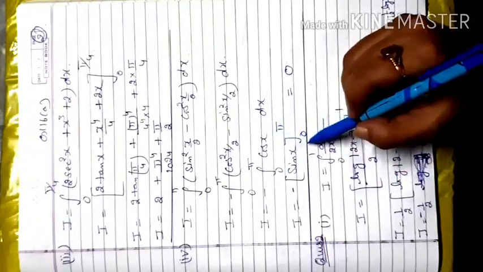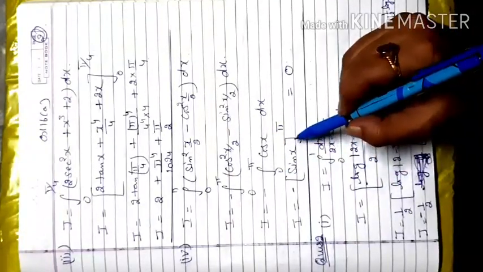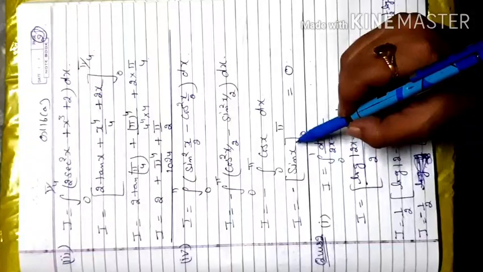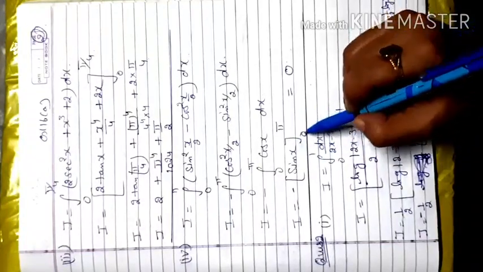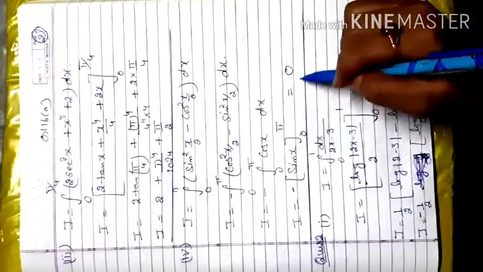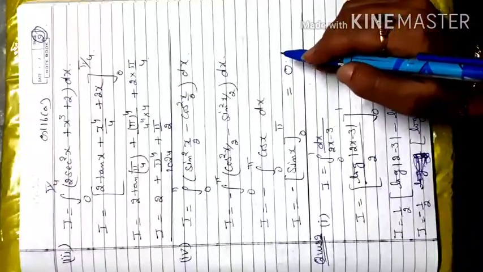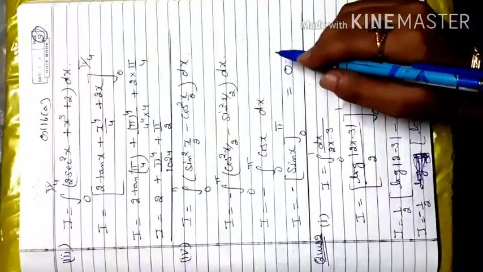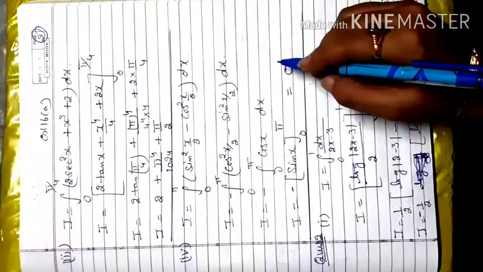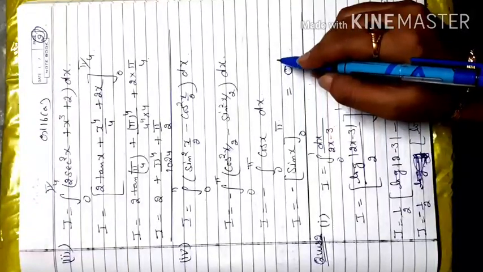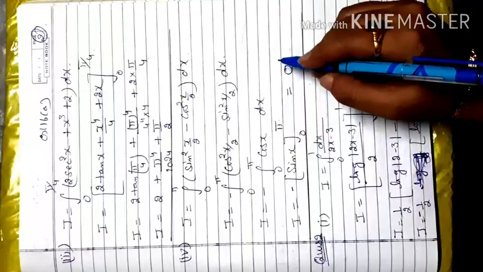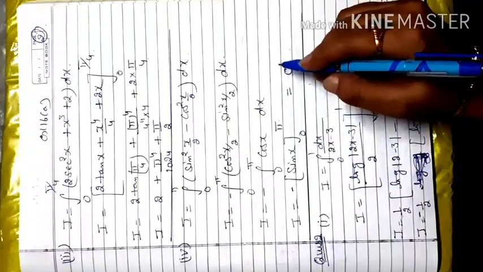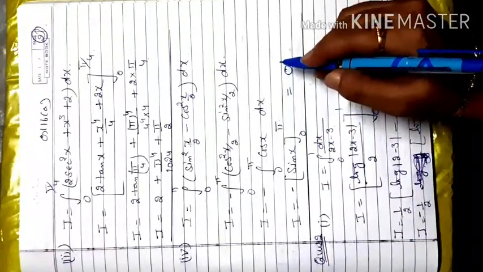So the integration of cos x is sin x, then 0 to pi. If you apply this, that becomes 0. Because the differentiation of sin x is cos x, that's why the integration of cos x is sin x. Similarly, if you integrate sin x, the integration of sin x will be minus cos x.